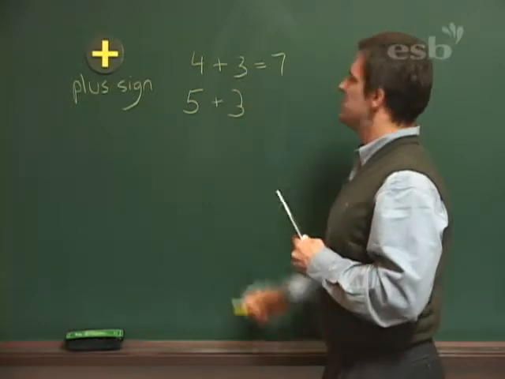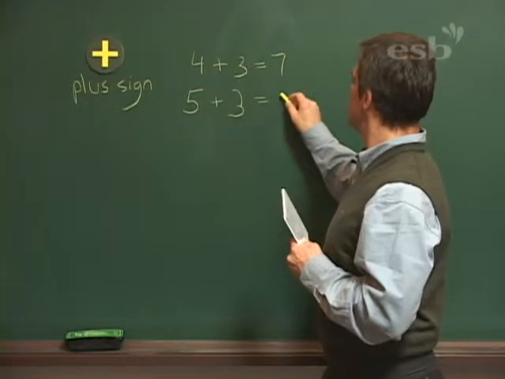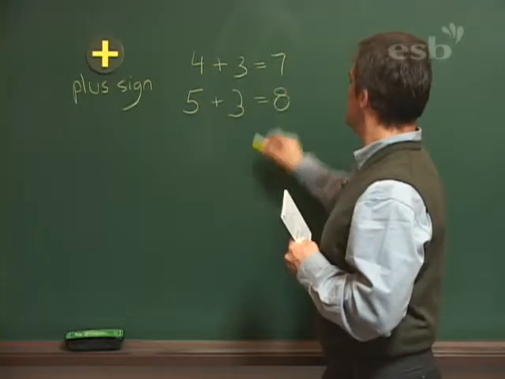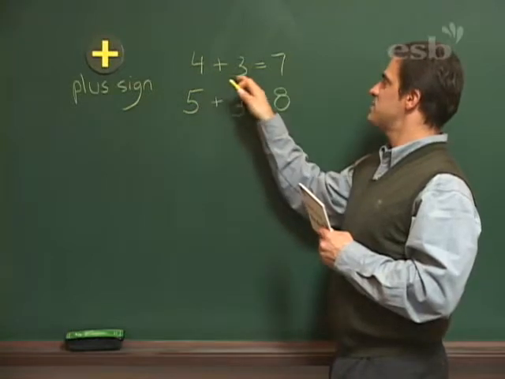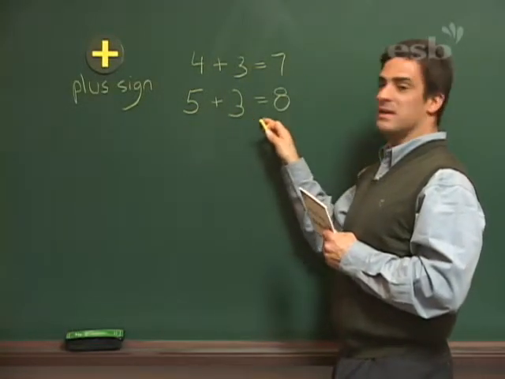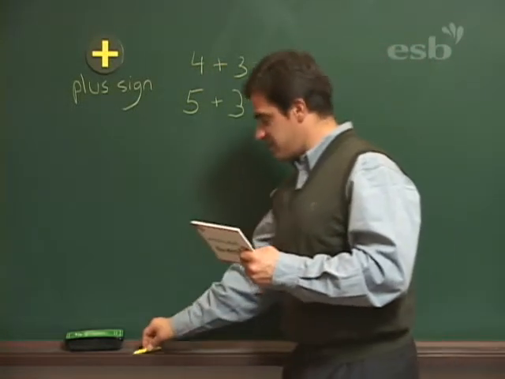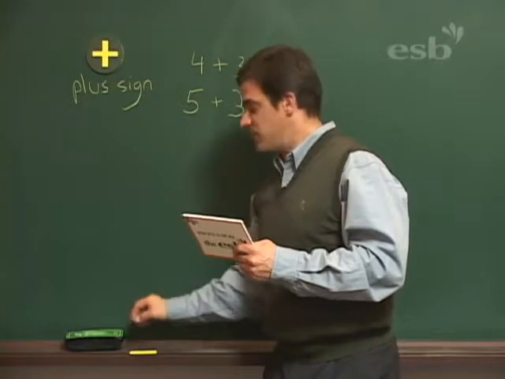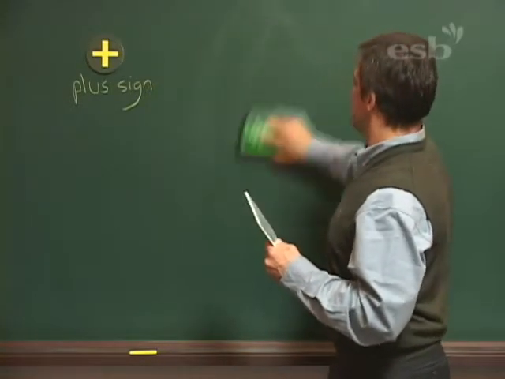Once again, we must use the plus sign. 5 plus 3 equals 8. 4 plus 3 equals 7. 5 plus 3 equals 8. Remember, you can add numbers in any order.